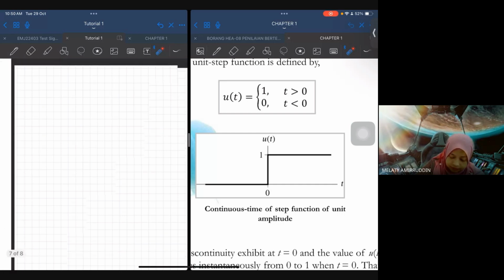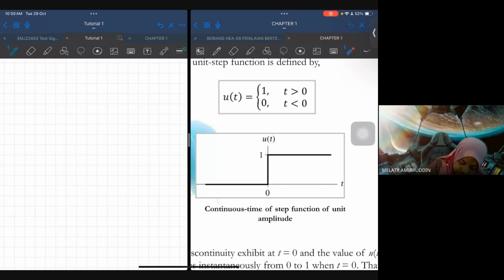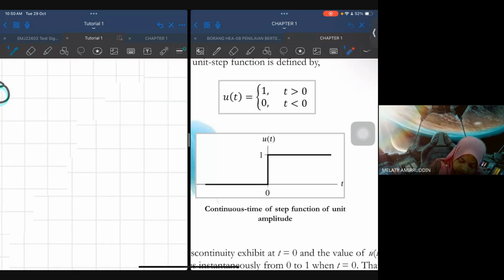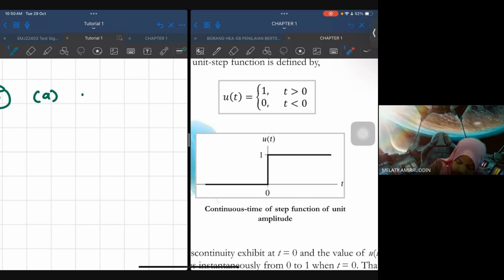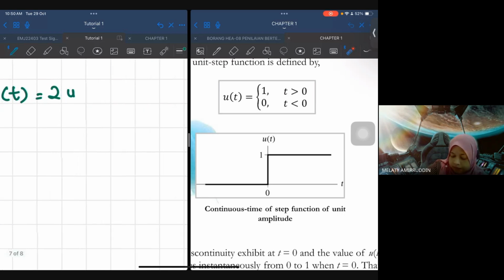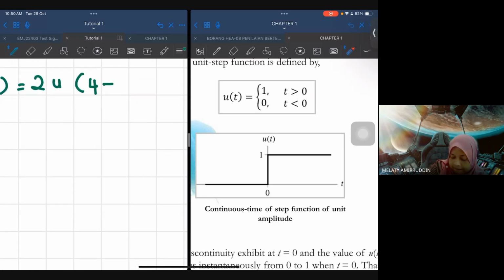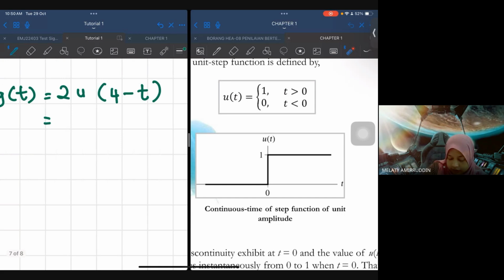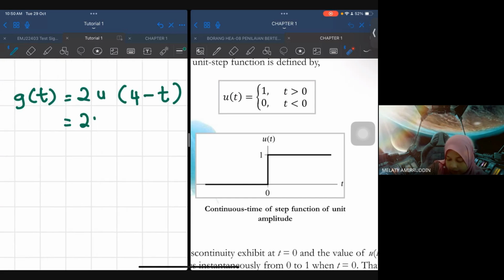Number 5, G(T) equals 2U(4 minus T). So when we rearrange, you will get negative T plus 4.